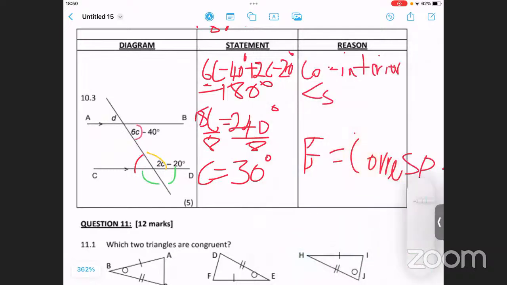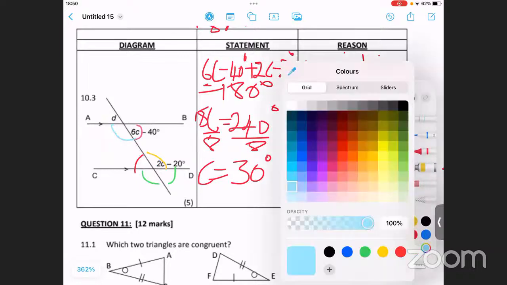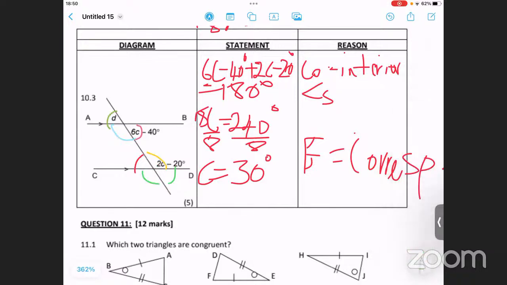Co-interior angles, this one. And again, we can use the F. I'm talking about this F. Those are corresponding angles, and those are the ones that we can use, given that we are looking for just this one, right? And we do not have this value, right?